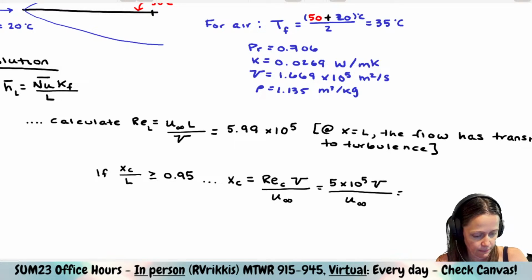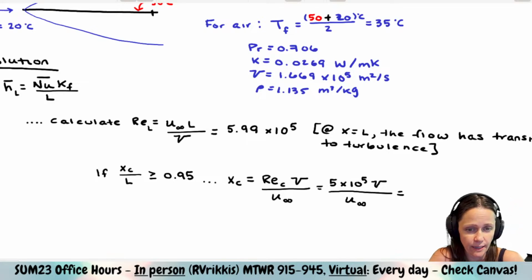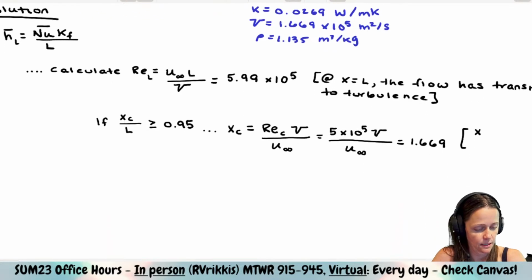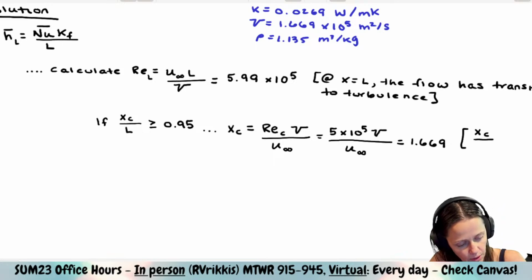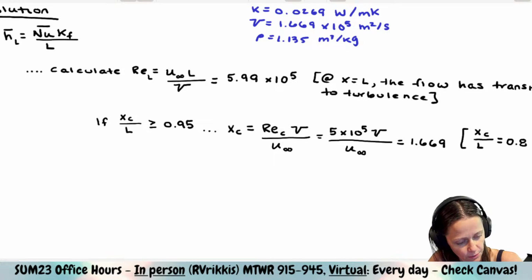So I end up getting that critical length over L of 0.83.